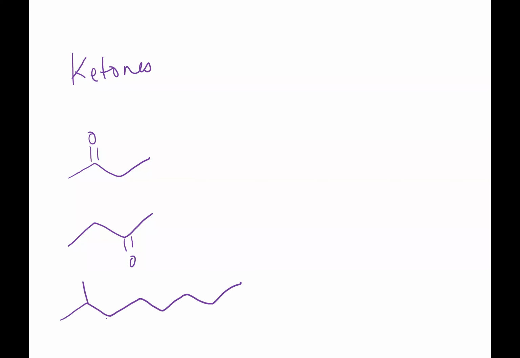I'll just draw a few ketones. So for a ketone, you can have a carbon chain as long as the double bond is inside the chain. So I could draw something huge, right, with lots of branches and all sorts of crazy stuff. As long as the double bond and the oxygen, of course, is inside the chain, it's a ketone.